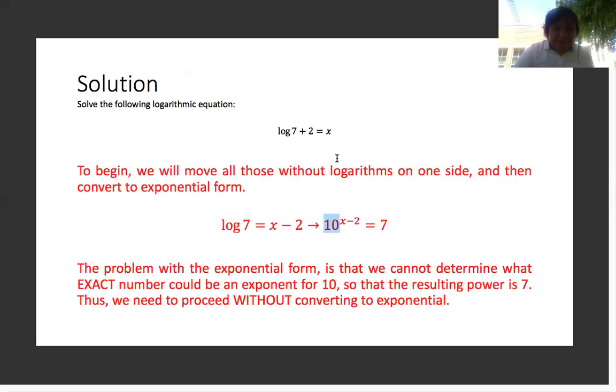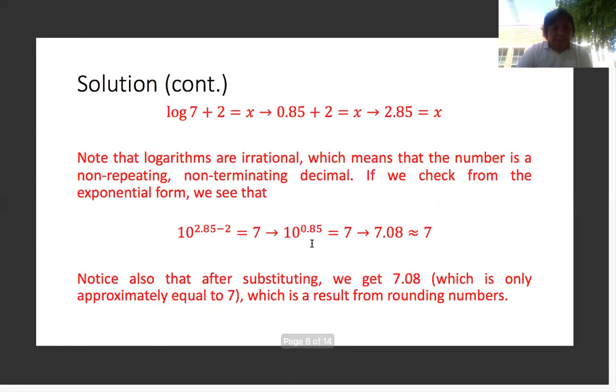Okay, so here we go. Even if we check that in its exponential form, since x is about 2.85, so 10 raised to the x minus 2, which is 2.85 minus 2. 2.85 minus 2 is 0.85, and 10 raised to the 0.85 is simply 7.08, which is approximately 7.